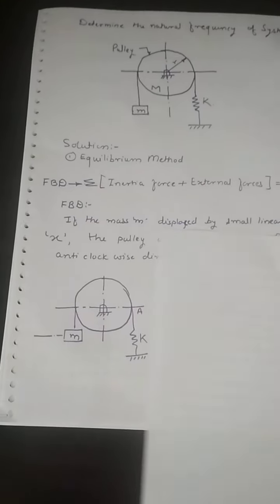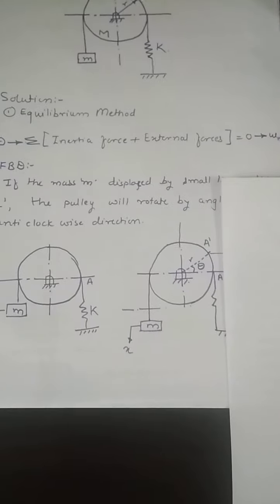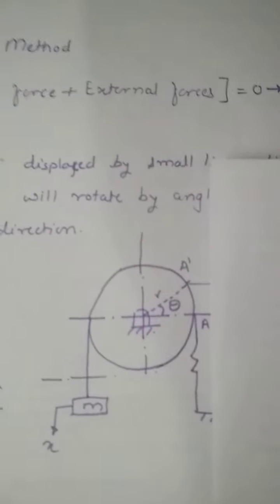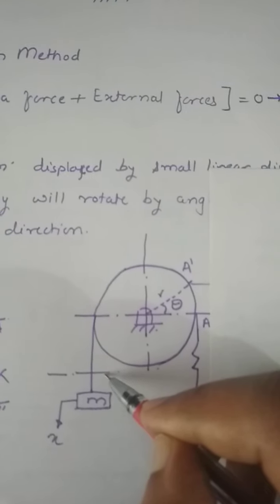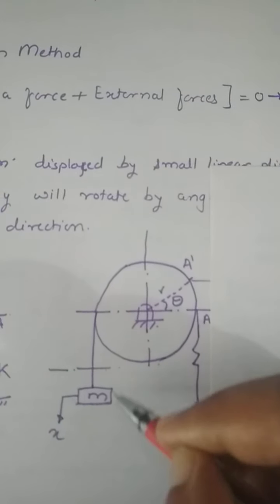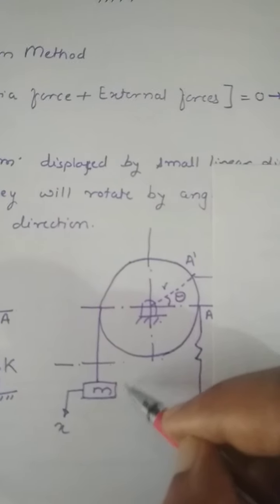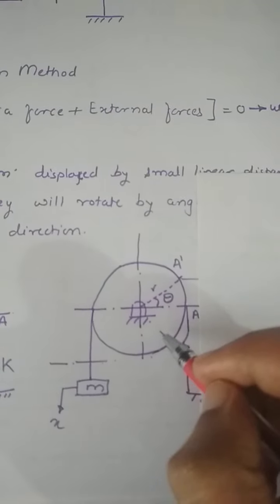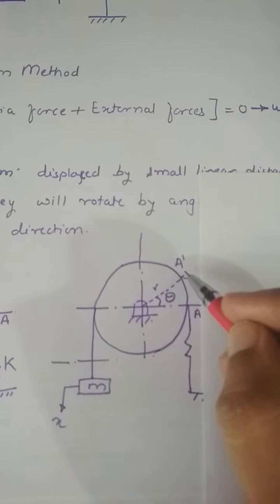So we will go for its FBD right now. Its FBD is like this. When mass m is displaced from its mean position by x distance downward, at that time point A reaches point A dash.